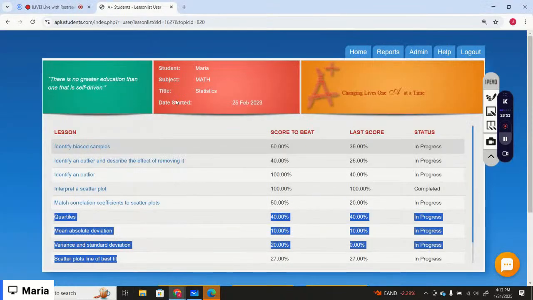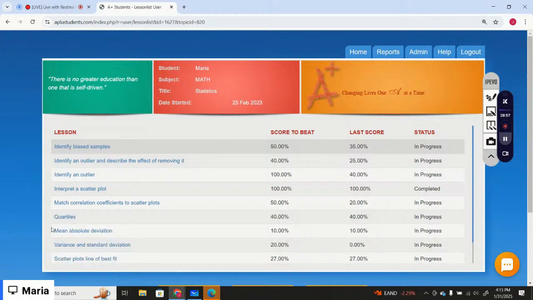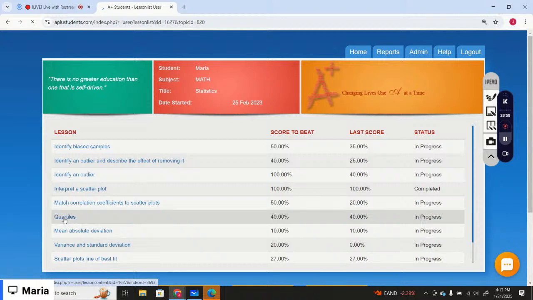Here I'm on grade 9 math. The chapter we're on right now is statistics. Let's just start with the lesson that is quartiles.